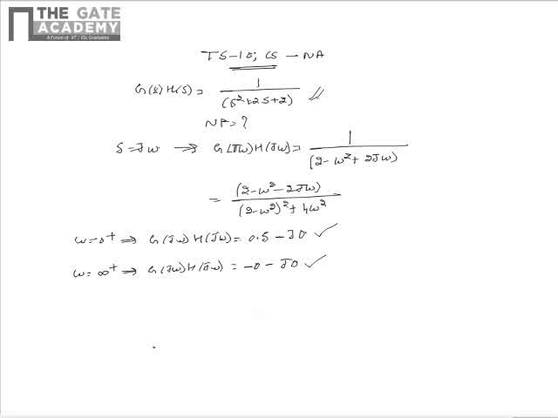And also we see that upon equating imaginary part of G of j omega multiplied by H of j omega to 0, we see that omega tends to infinity radians per second. And also we see that the real part of G of j omega multiplied by H of j omega is equal to 0 for omega equal to root 2 radians per second.